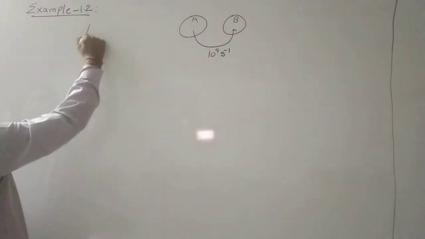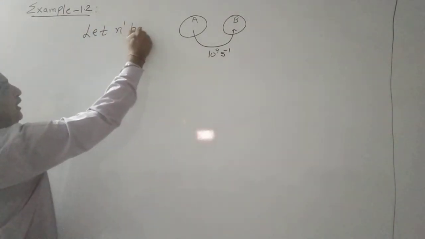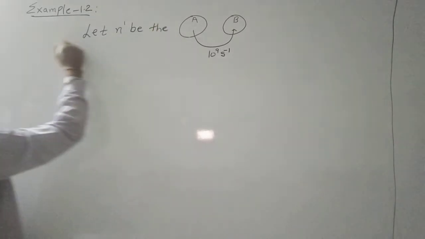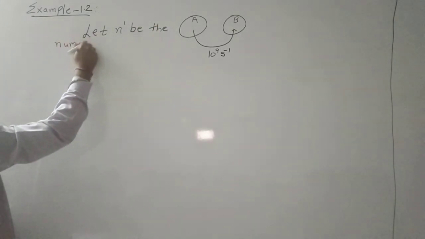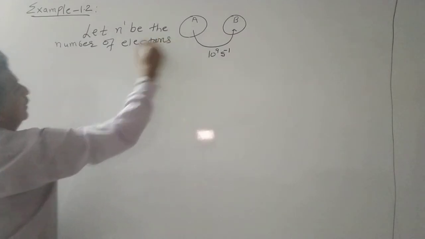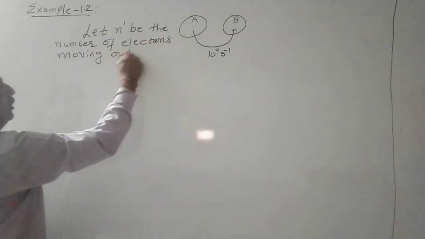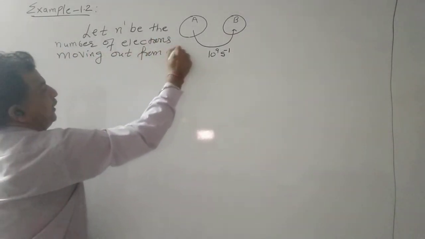So we will write, let n dash be the number of electrons moving out from a body.